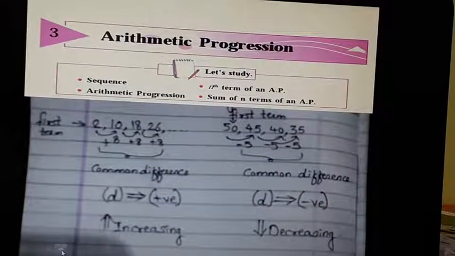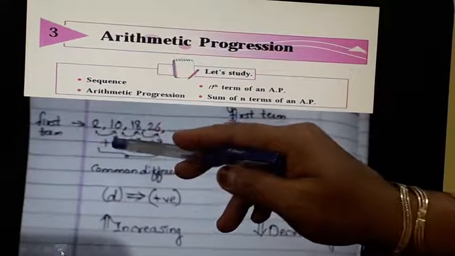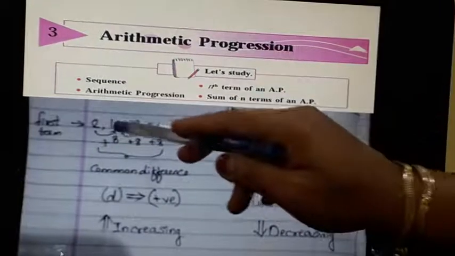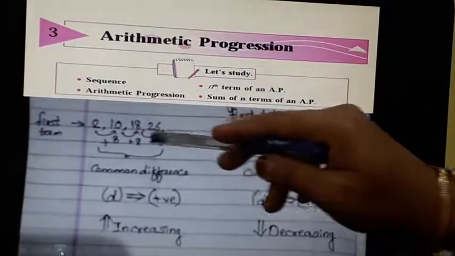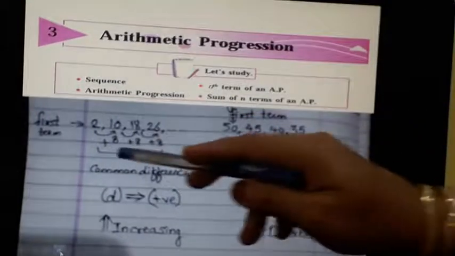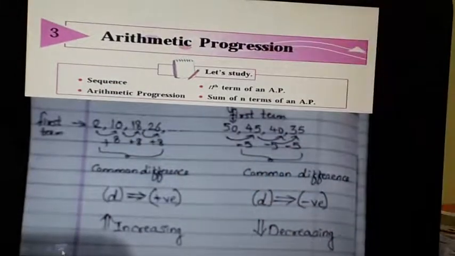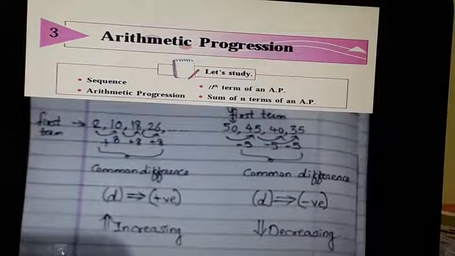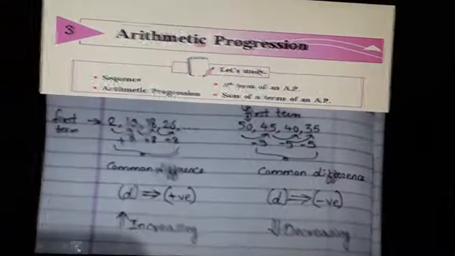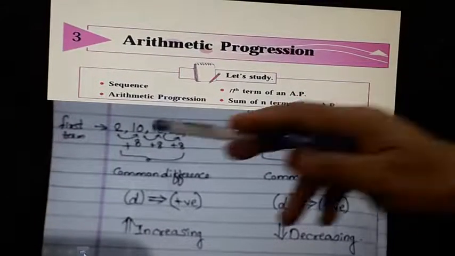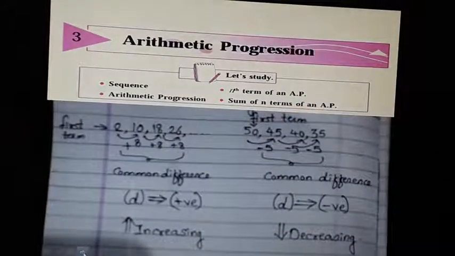If the difference between consecutive terms is constant, that sequence will be considered as an AP. For example, 10 minus 2 is 8, again 18 minus 10 is 8, 26 minus 18 is again 8. The difference you are getting is known as your common difference, and if it is constant for all of the terms, that means this sequence is in AP.